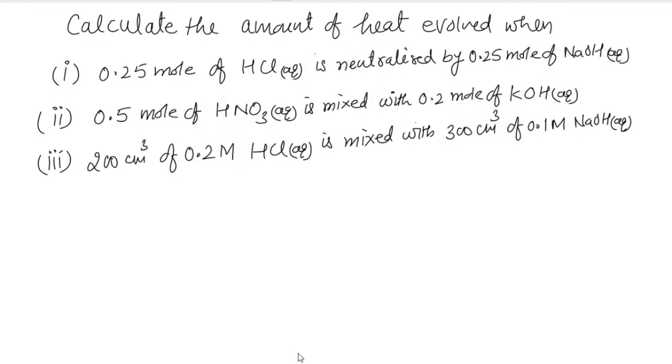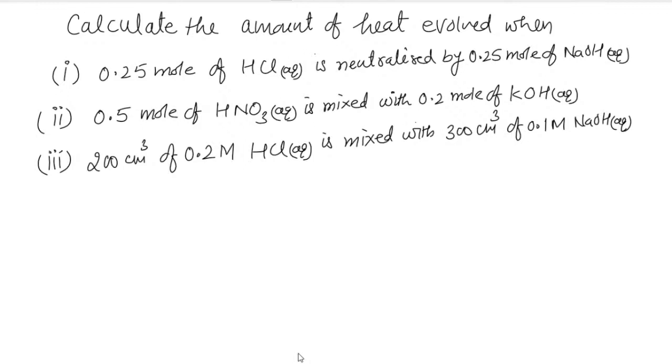Yes, beta. So, what is the value? Very good. It is minus 14.275. Very good. Or we can write it as heat evolved is equal to 14.3 kilojoule, simple.